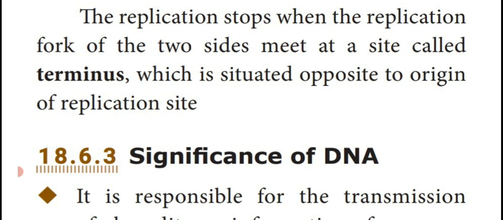The lagging strand is in the form of fragments, known as Okazaki fragments. These fragments are afterwards connected together by the enzyme DNA ligase. After the formation of the newly formed strand, the replication stops. Both the strands meet at the point known as the terminus, which is opposite to the site of origin of replication.